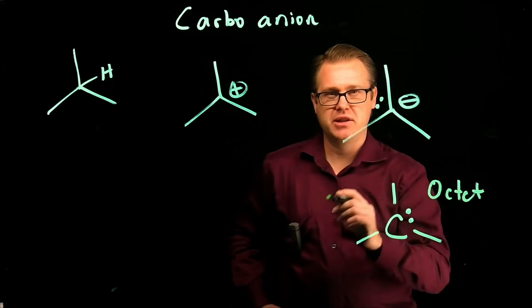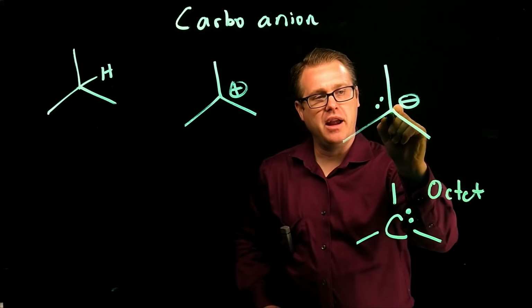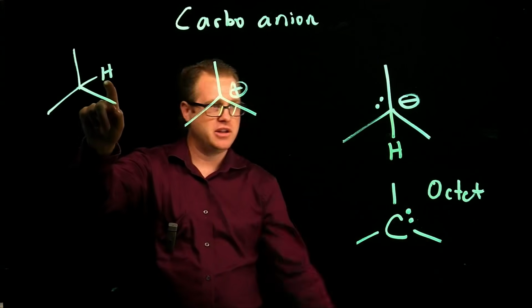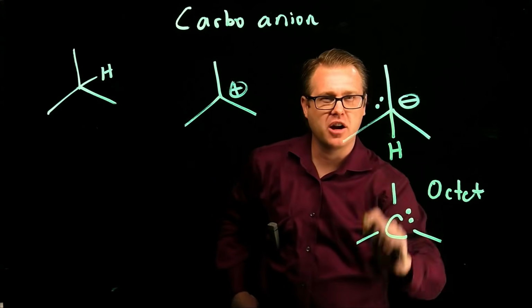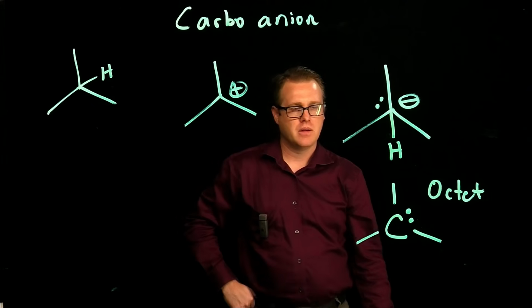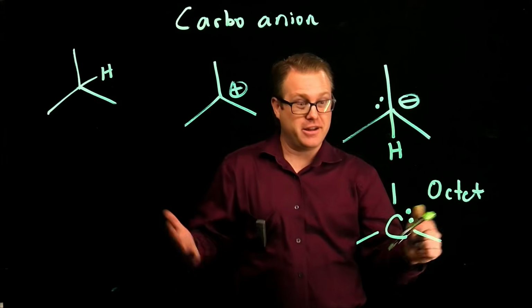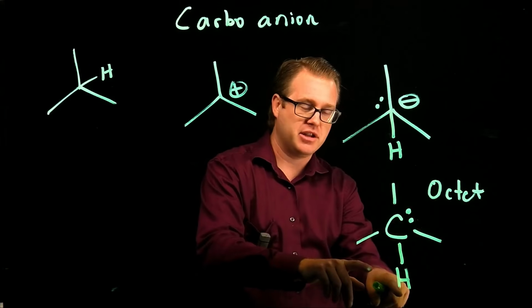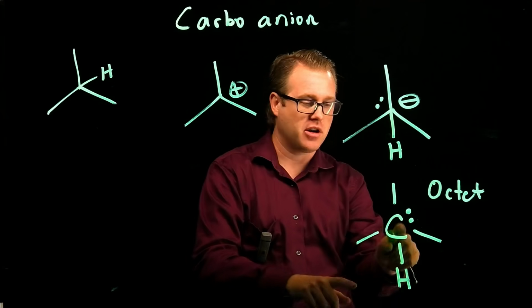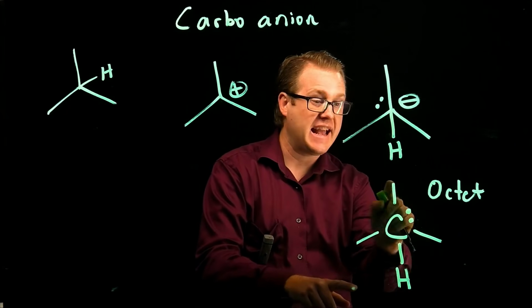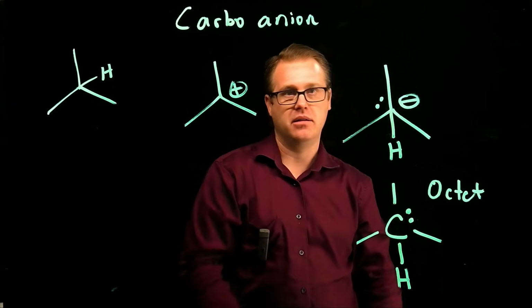But here's my question to you. Do you think that there is still this hydrogen, is it on the carbanion? What do you think? Well, think about it and just draw it out. Now, if I have the hydrogen there, how many electrons are around the central carbon? 2, 4, 6, 8, 9, 10.